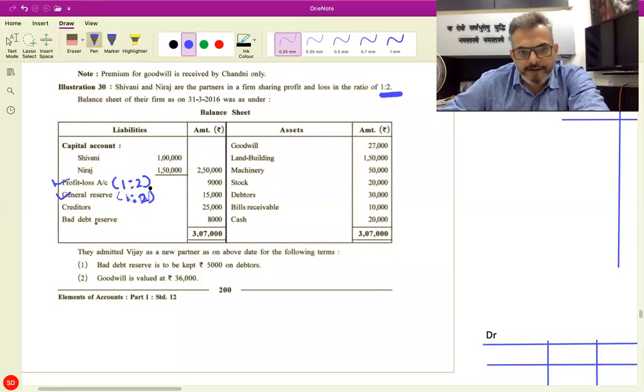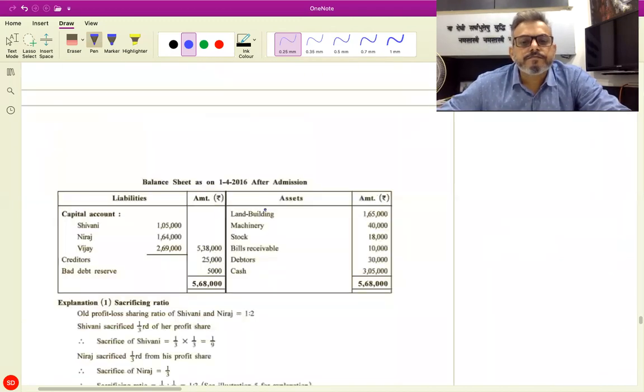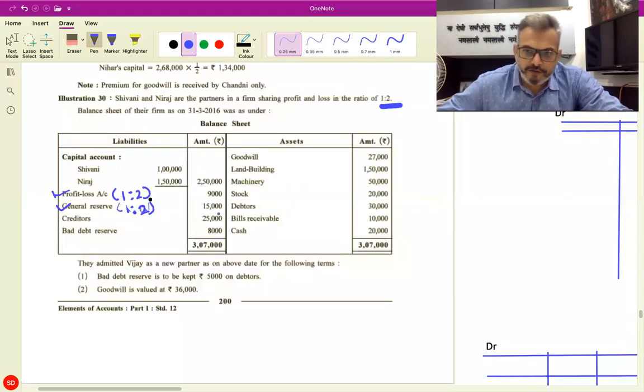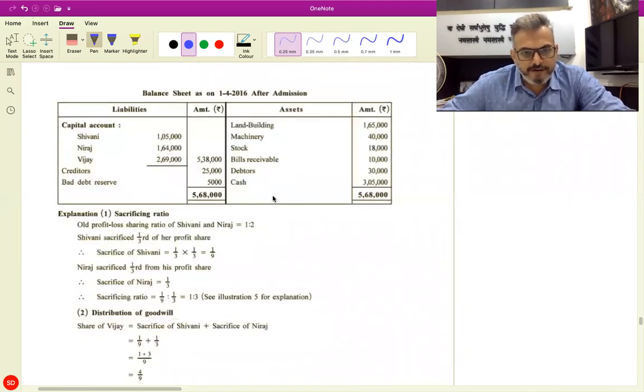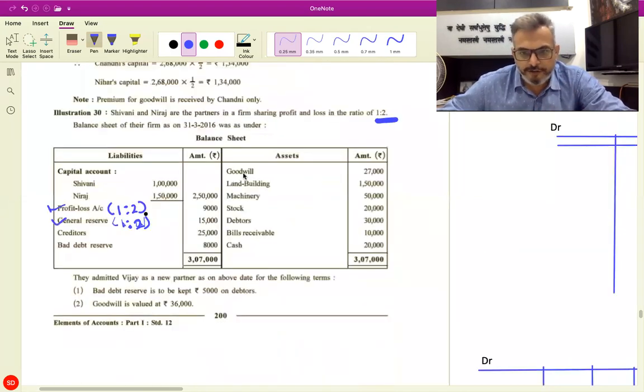Creditors, bad debt reserve we can deduct from the debtors, okay? Let me see. In the textbook they have shown it separately because it's an illustration, so we also keep it as it is, we don't touch it. We will do the adjustment of bad debt reserve over there itself, we will not deduct it from debtors, we follow the textbook.